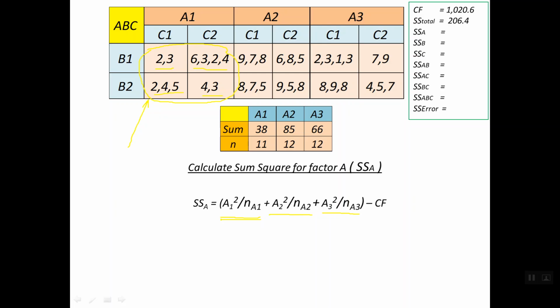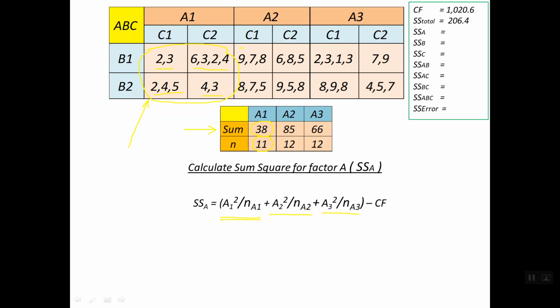Notice that all these calculations are filled inside this summary table. So for A1, we have a total of 38 for the observations, and the number of observations is 11. The same for A2 and A3.